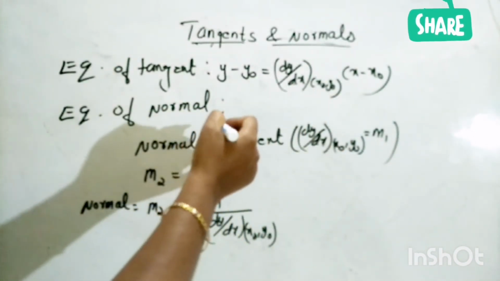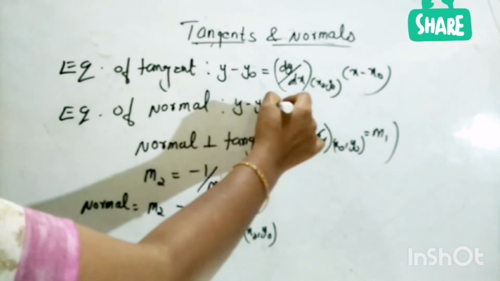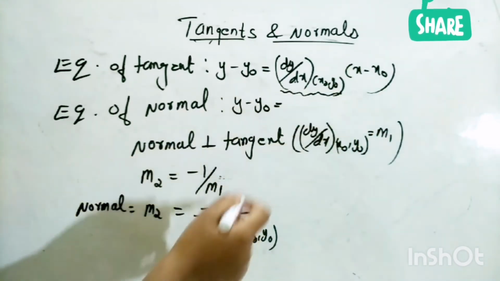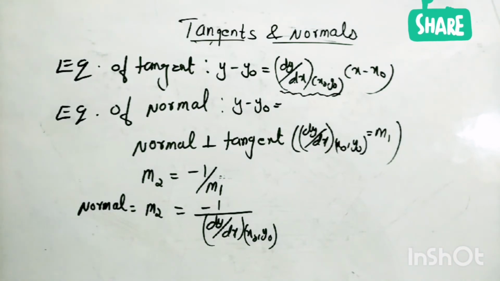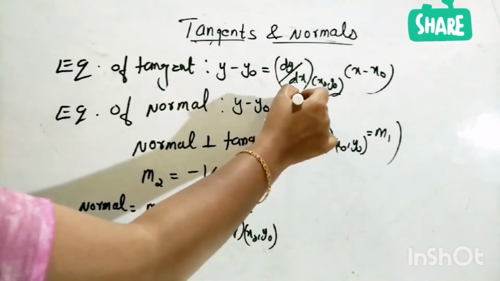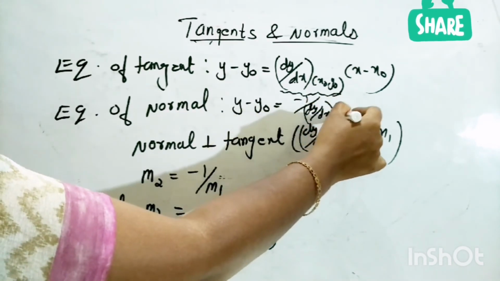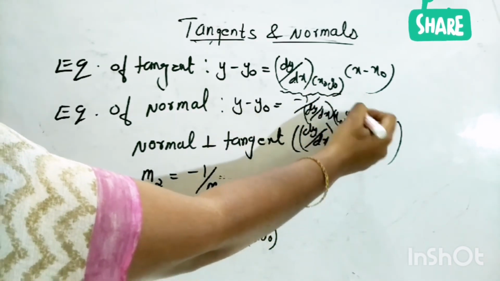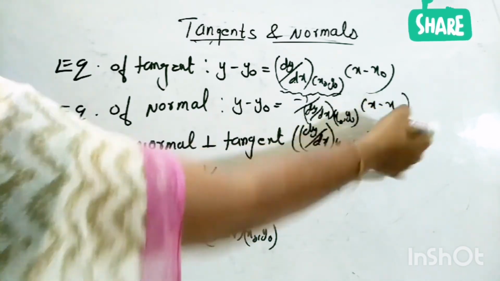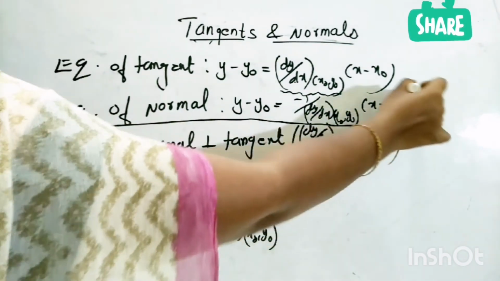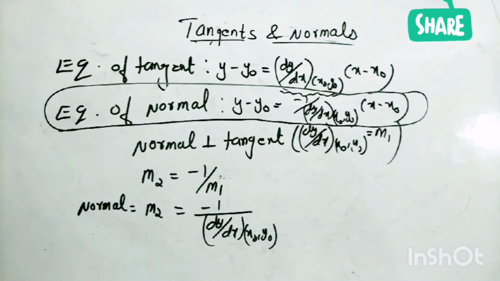Therefore, the equation is y minus y0 is equal to, replacing the slope, minus 1 by dy by dx at x0 comma y0 into x minus x0. So this is the equation of the normal.